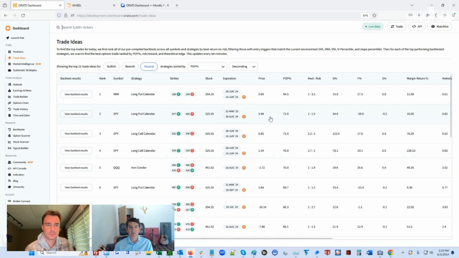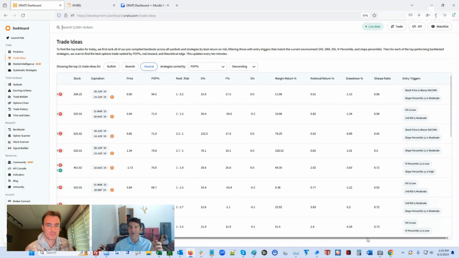So what that means is we only simulate the trade if the criteria are met in the market right now. Meaning, the VIX is low, that means below 15; 15 to 20, I believe, is medium, and high is 20 and above. RSI is moderate, that's a 14-day RSI.